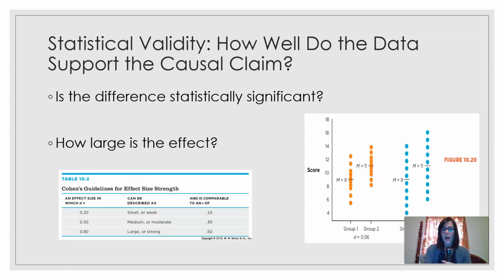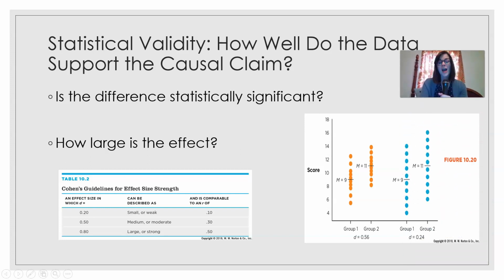Statistical validity is probably going to be far more important for experiments. And that's because we want to make sure that our results actually have an effect. So the big question that you need to be asking yourself when you are looking at data is, is this difference statistically significant?